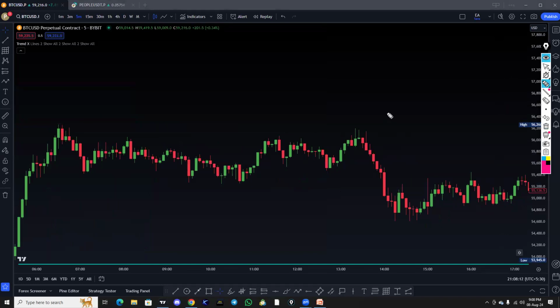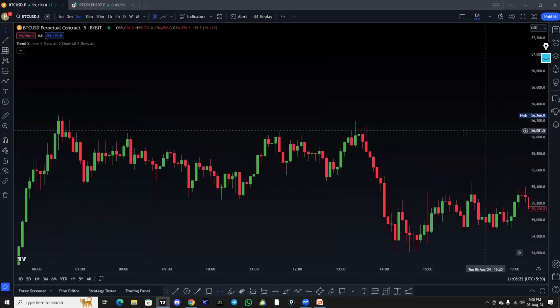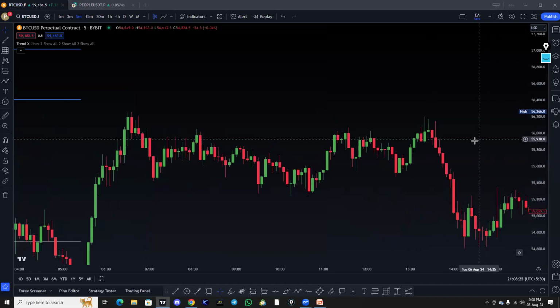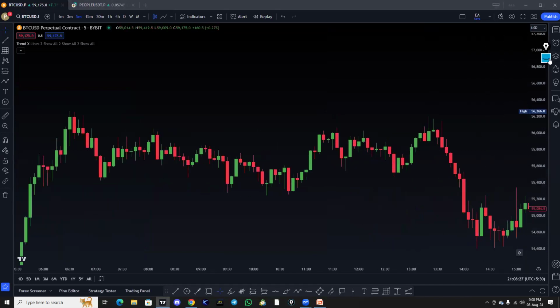Correct. See, this is a shooting star. Now again, this is a shooting star. Now I'll show you the different candles, right? You can see here we have one shooting star in green.